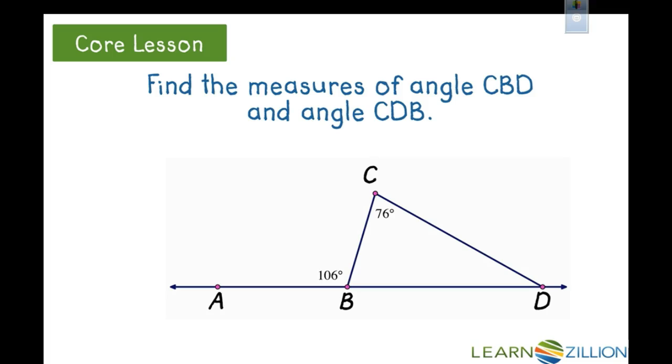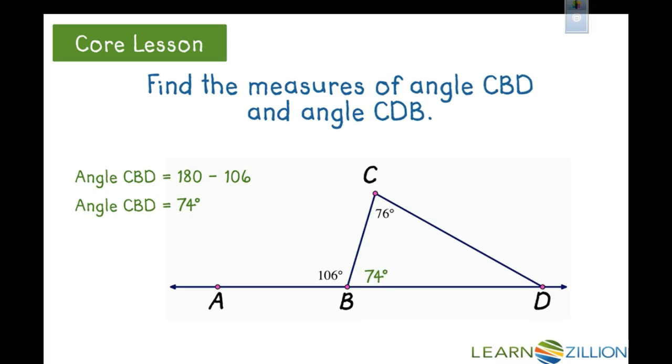To solve this problem, we need to use the information given to us. We know that the exterior angle from point B is 106 degrees. Angle CBD must be equal to 180 minus 106, or 74 degrees, because we're knowing supplementary, right?